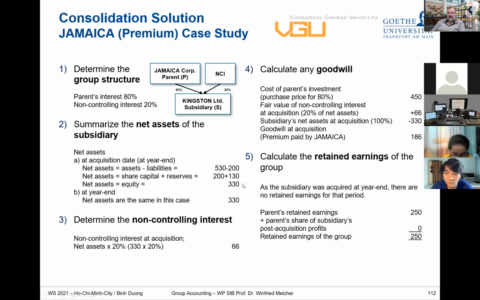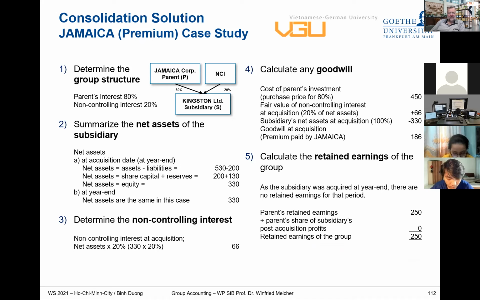So in this case, at acquisition date, which is of course at year end, net assets are 330. At year end, the net assets are the same in this case, because the acquisition took place on the last day of the year. But it could be different.